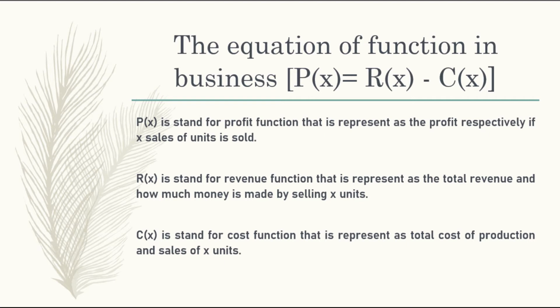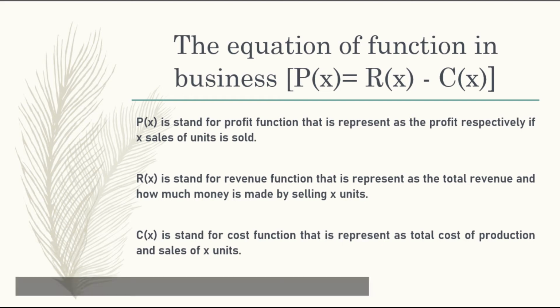The second one is R(x), the revenue function, which represents the total revenue from sales, how much money is made by selling x units. Last but not least is C(x), the cost function, which represents the total cost of production and sales of x units.